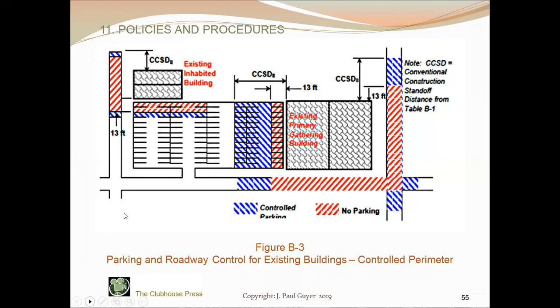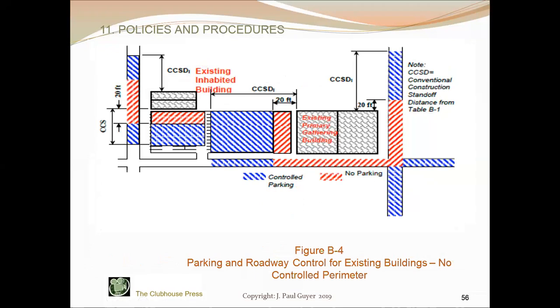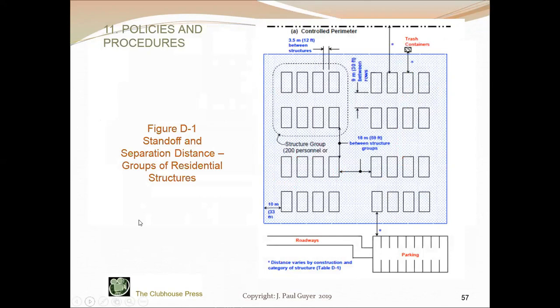Figure B4, parking and roadway control for existing buildings with no controlled perimeter. Figure D1 illustrates standoff and separation distances for groups of residential structures.